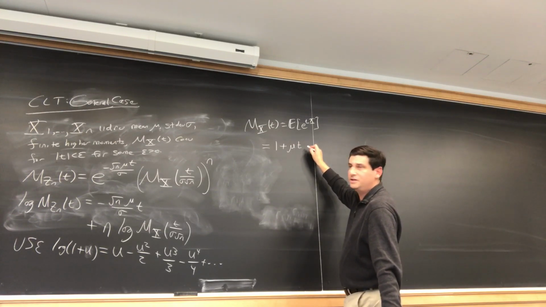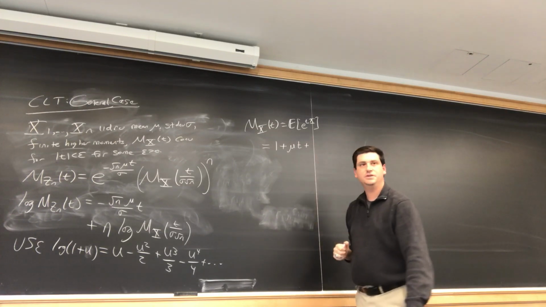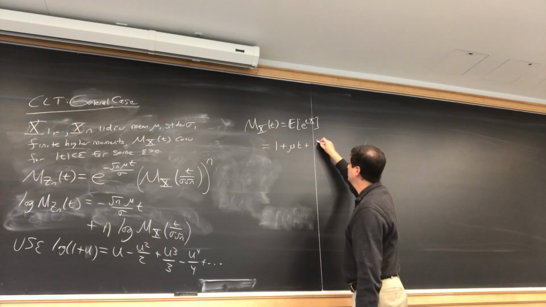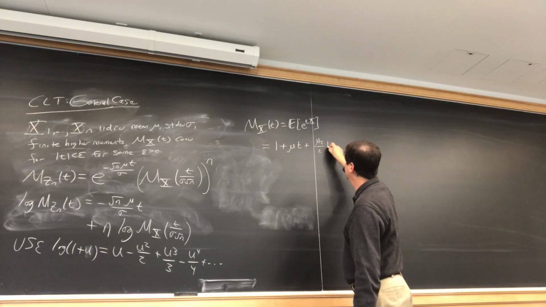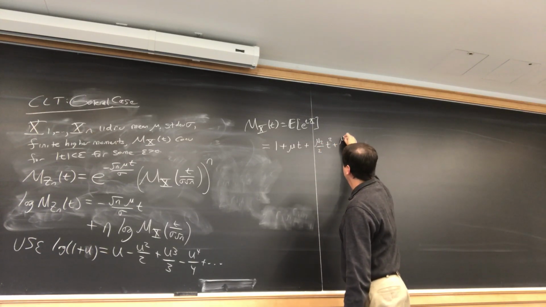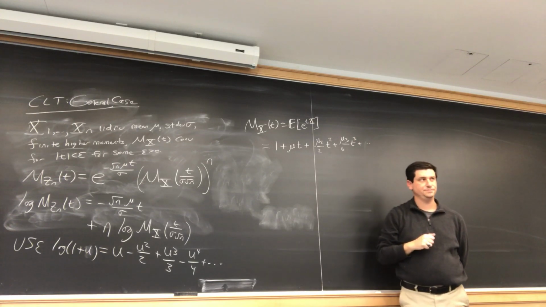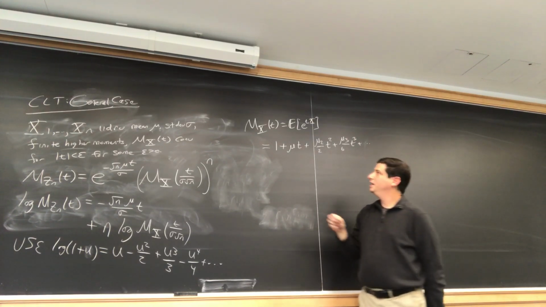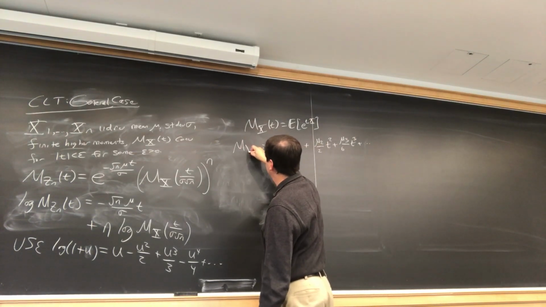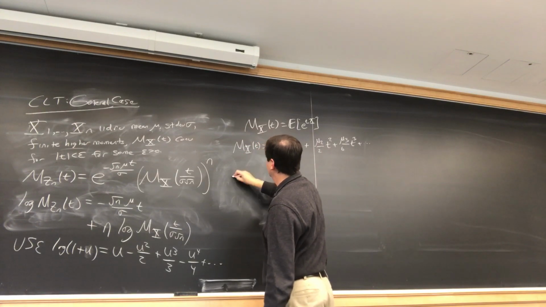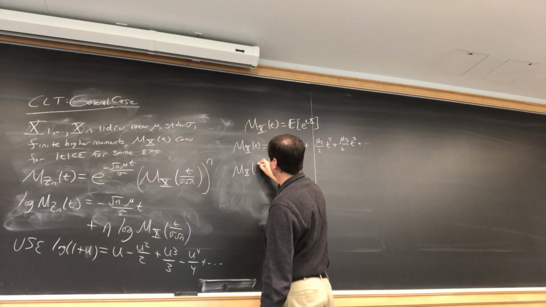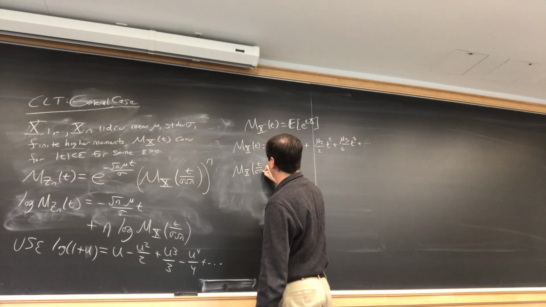The next term is the second moment, so it's going to be mu2 over 2 t squared plus mu3 over 6 t cubed plus dot dot dot. Now, that's the moment-generating function at t. We want the moment-generating function at t over sigma square root of n.